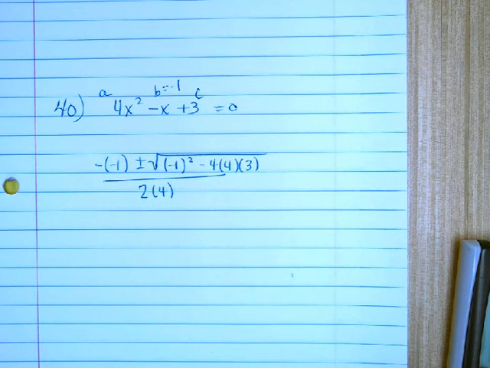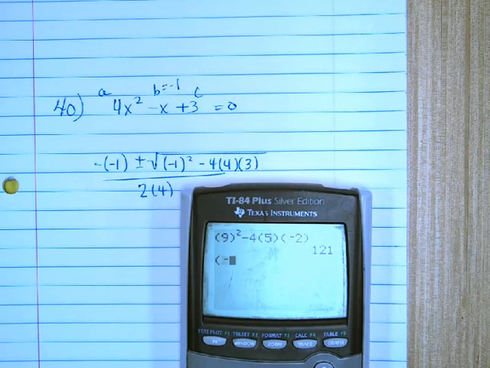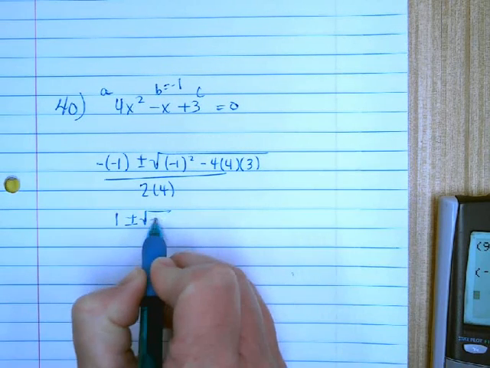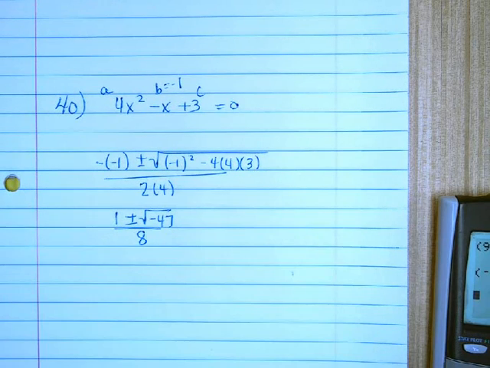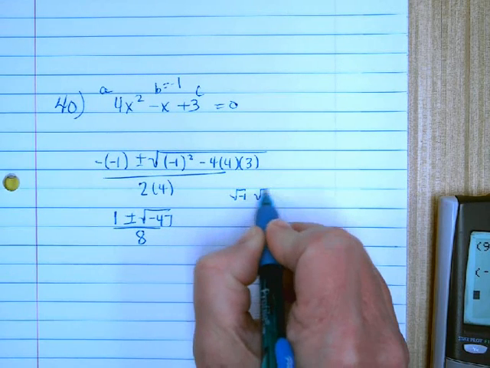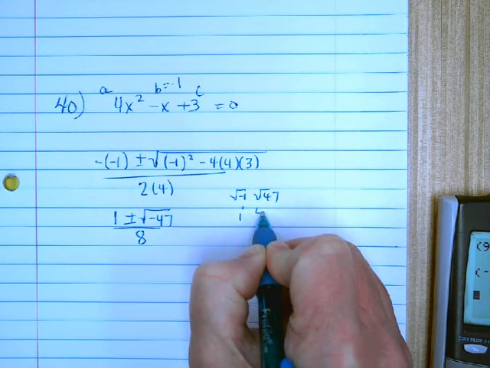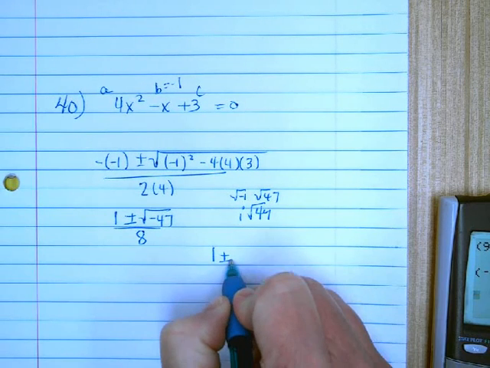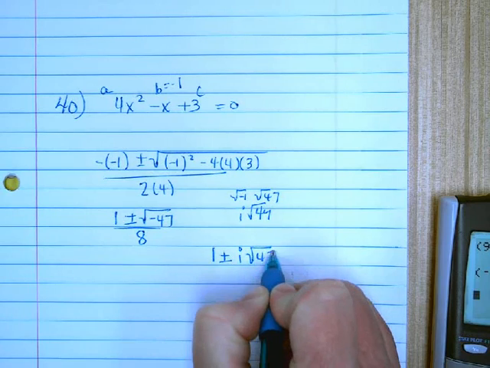So under the radical, I have negative 1 squared minus 4 times 4 times 3, which is negative 47. So this is 1 plus or minus the square root of negative 47 over 8. Because 47 is negative, I'm going to factor out the square root of negative 1. It's going to give me i square root of 47. So this is 1 plus or minus i square root of 47 over 8.